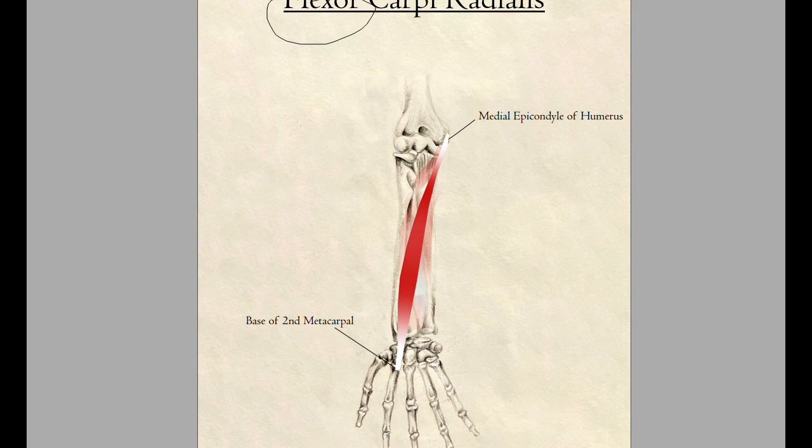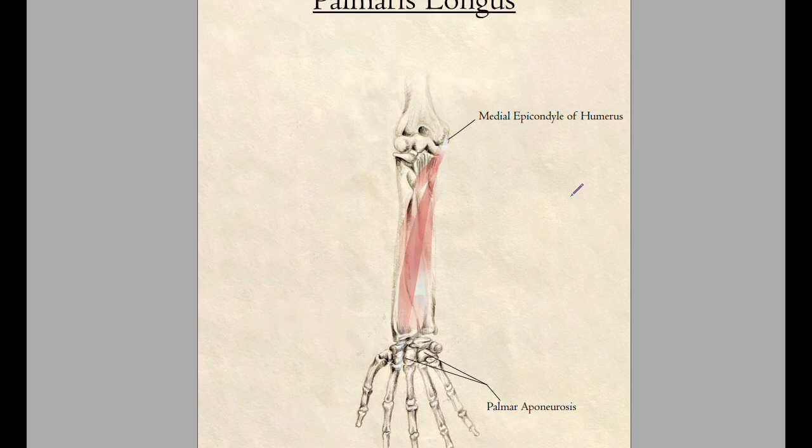And that's going to be in contrast to the next muscle, not the next one, the one after. So let's look at Palmaris Longus. Palmaris Longus also attaches to the medial epicondyle of the humerus. It inserts on something that is not on this diagram, called the palmar aponeurosis. The palmar aponeurosis is not a bony landmark.